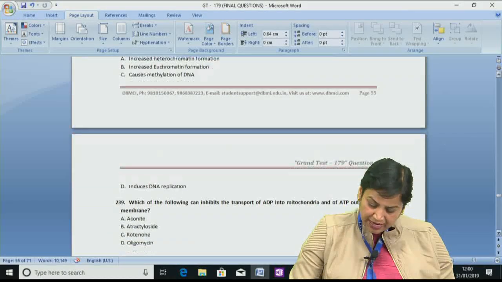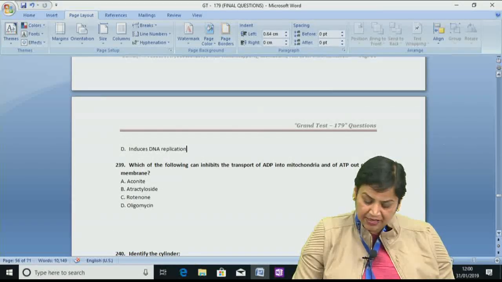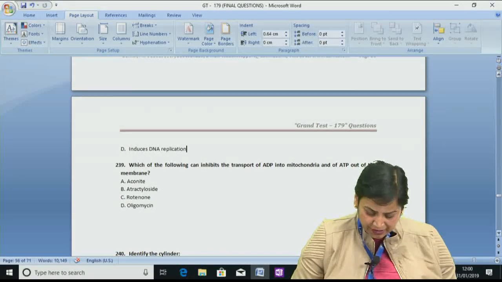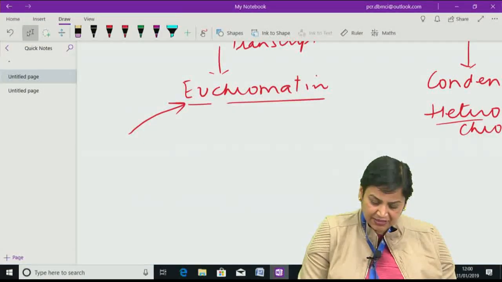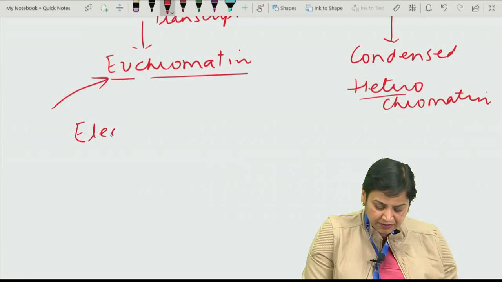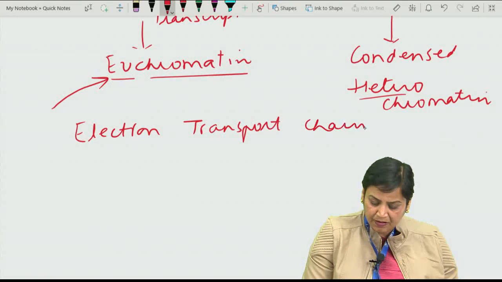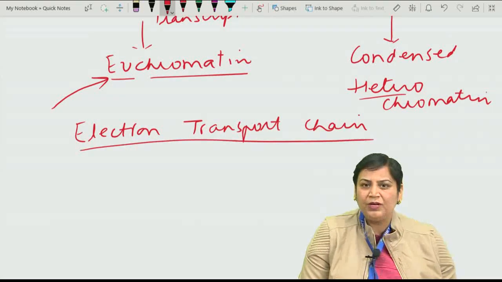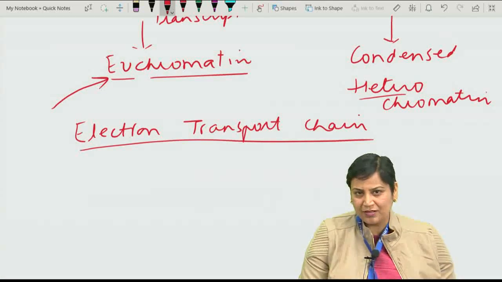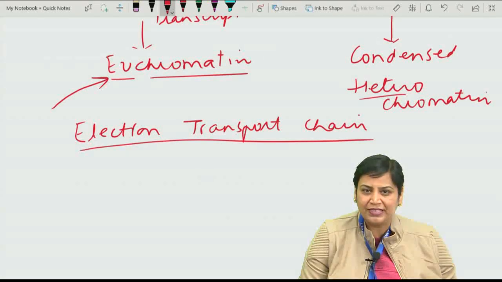Which of the following can inhibit the transport of ADP into mitochondria and of ATP out of the membrane? Now see, this is the electron transport chain. Just now I gave you the brief concept of the intermediary metabolism, in which there is degradation of two carbon atoms present in acetyl coenzyme A to form carbon dioxide.